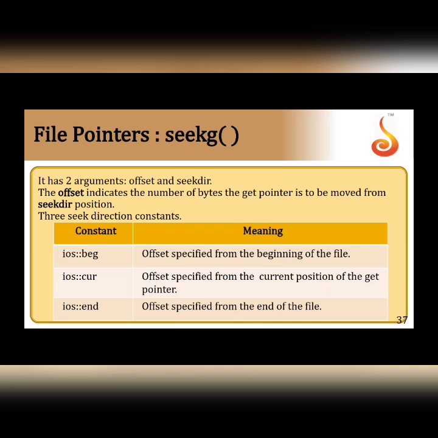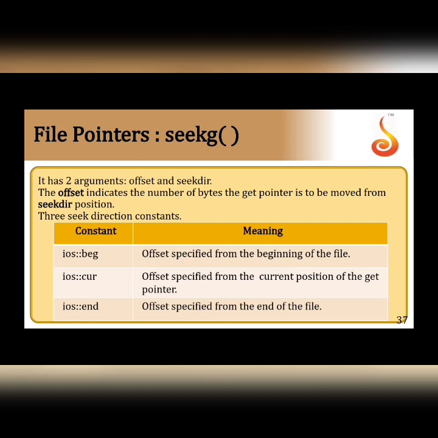The next is the file pointer's seekg. Have a look. It has two arguments. If I specify only one number, it will always be from the beginning. But then I may not want to always go from the beginning.